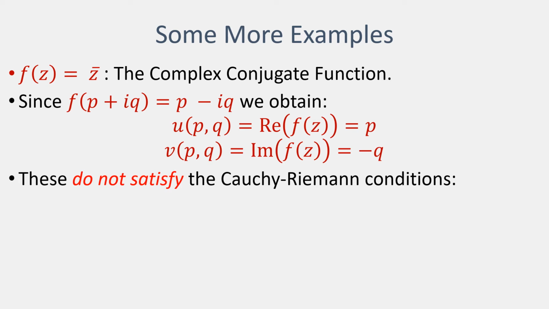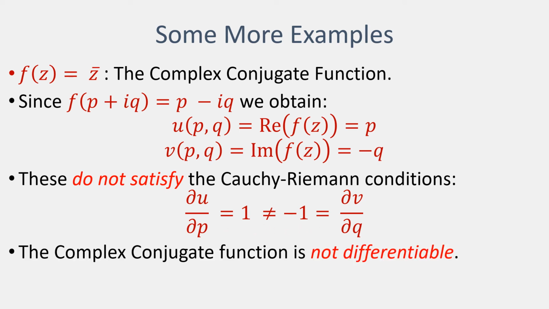These two functions do not satisfy the Cauchy-Riemann conditions. To see that, we look at the partial derivative of this function with respect to p, the outcome of 1. But the partial derivative of this function with respect to q is minus 1. So these two are not equal. So what we see from that is that the complex conjugate function cannot be differentiated. It's not differentiable.